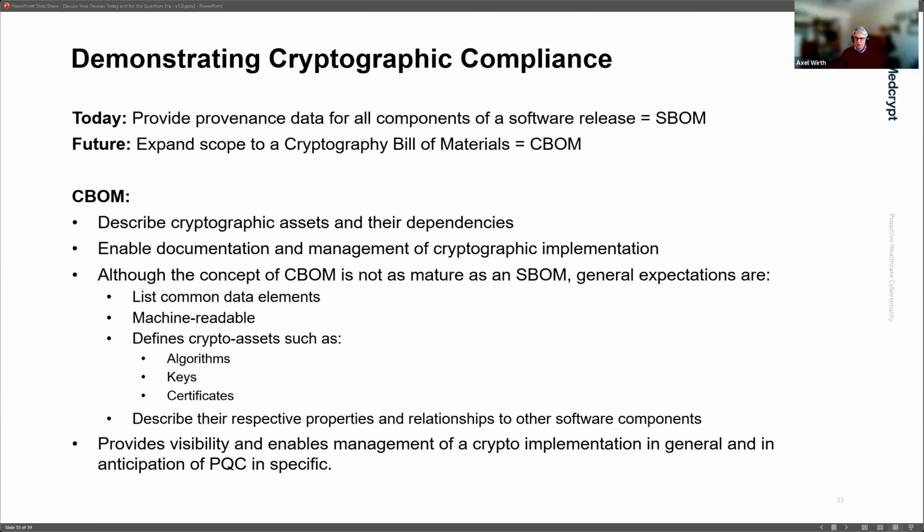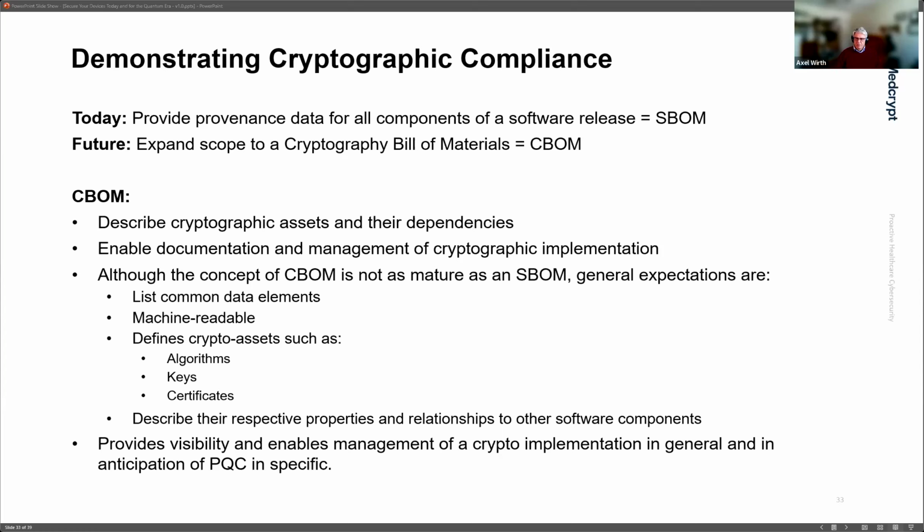We are familiar today with the expectation to provide an SBOM to the FDA as part of the market approval process, but many customers are also putting that into their contracts. In the future, expect that you also have to provide a cryptography bill of materials as part of your security documentation, as part of demonstrating that your cryptography is sufficient and how you will manage it in the future.